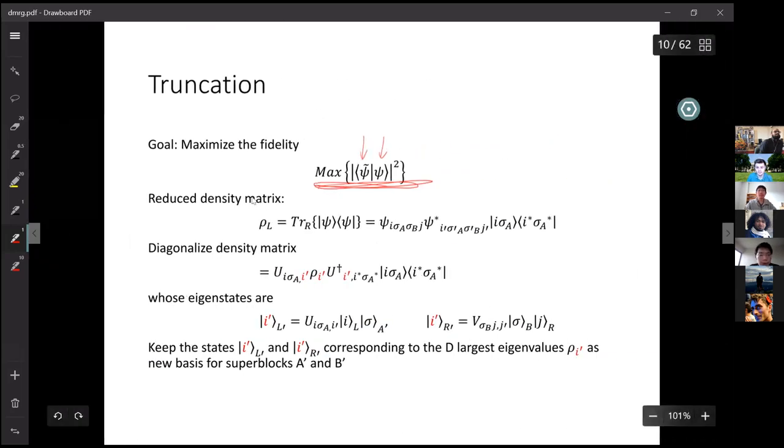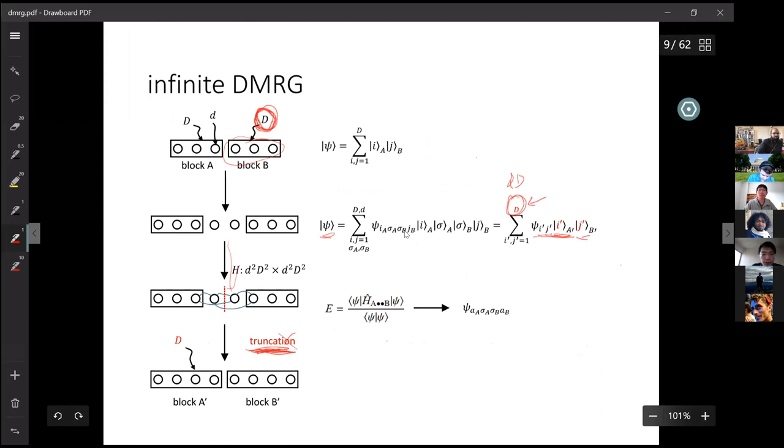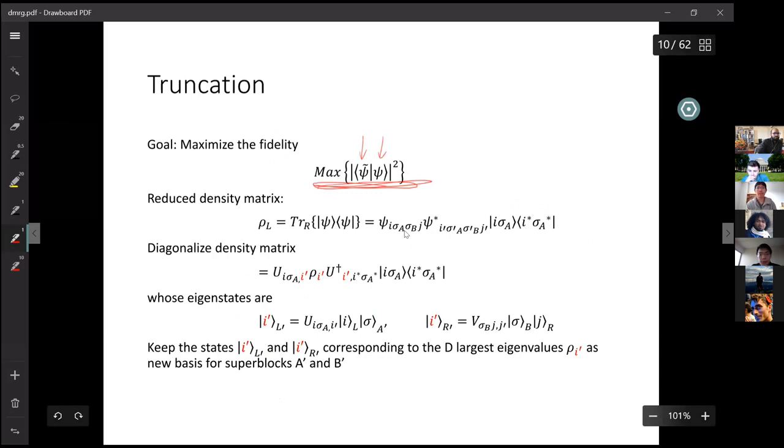To do this, people find that the best way is to use the reduced density matrix. This is why it's called DMRG. Just look at the reduced density matrix corresponding to this cut. Basically, you trace out the degrees of freedom on the right to obtain the reduced density matrix on the left, and you find a matrix.